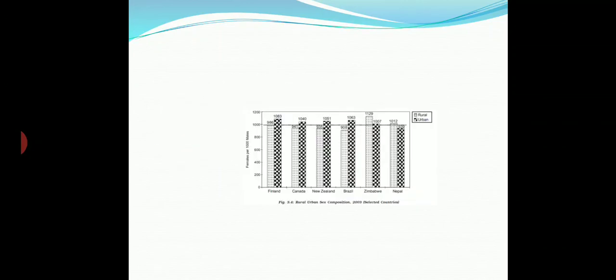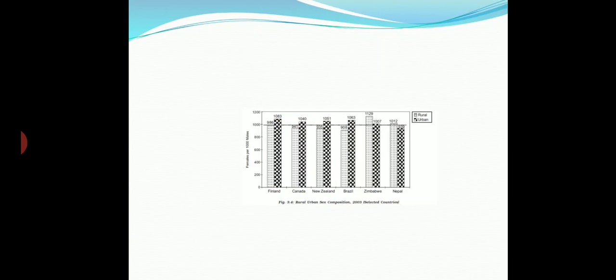Now this diagram which you see is related to rural urban sex composition. It says rural and urban differences in sex ratio in Canada and West European countries like Finland are just the opposite of those in African and Asian countries. Which African and Asian countries?